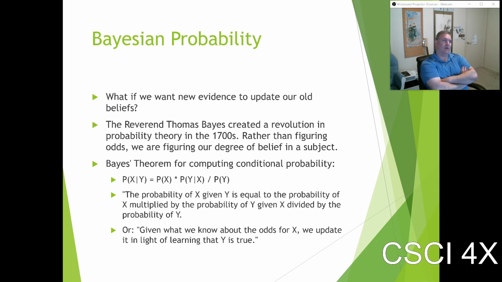And so, for example, you might have heard of a Bayesian spam filter. A Bayesian spam filter will develop a confidence that an email is spam. And it does so by presenting a piece of evidence after a piece of evidence. And every time you present evidence, it updates its estimate that the email is spam. So you're like, hey, I found the word Viagra in it. The probability it's spam goes up.